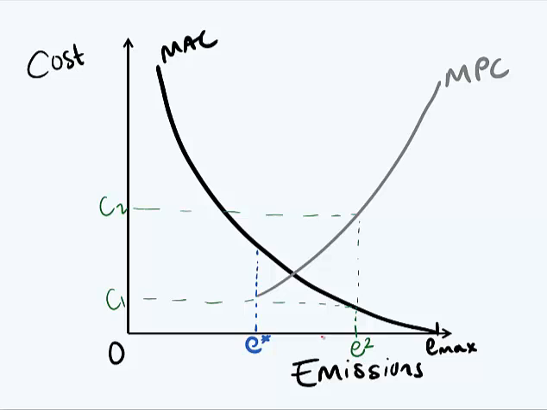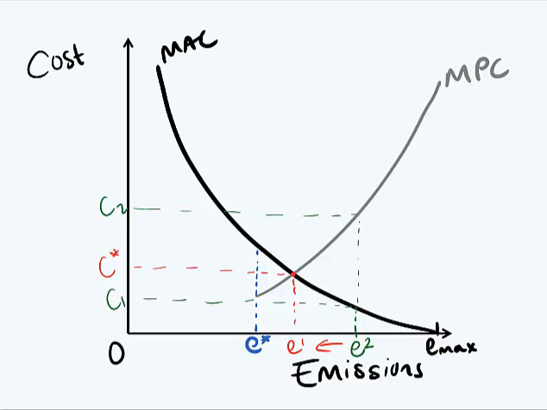So let's say I get to E1 over here. E1. So I just reduced it from E2 to E1. Now the penalty I pay is C star, and the abatement cost I pay is also C star.